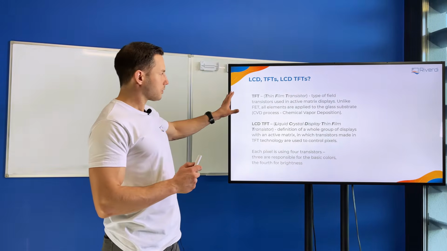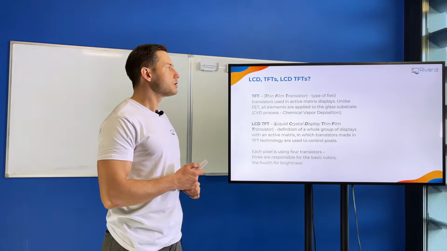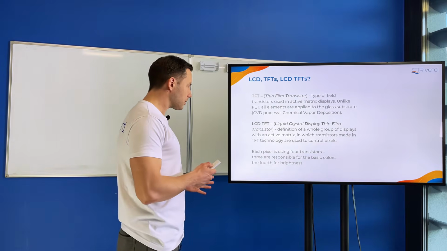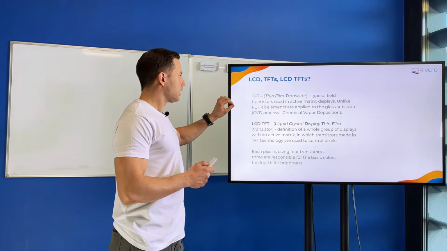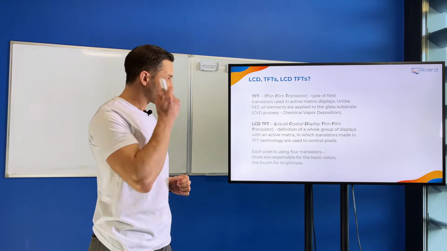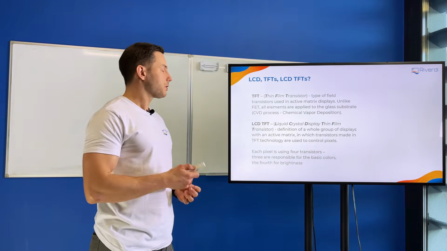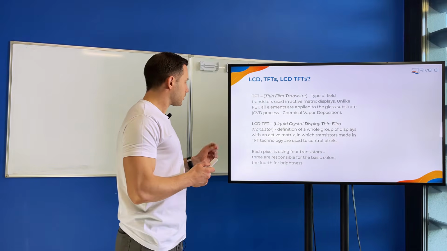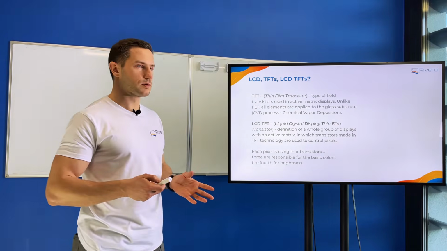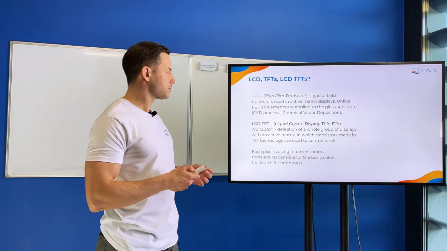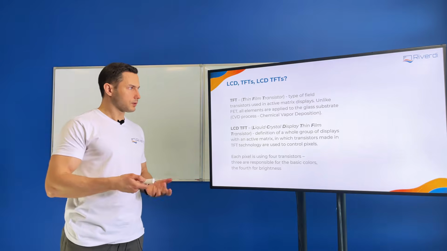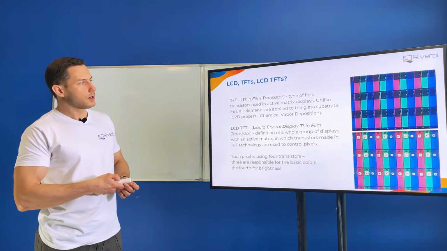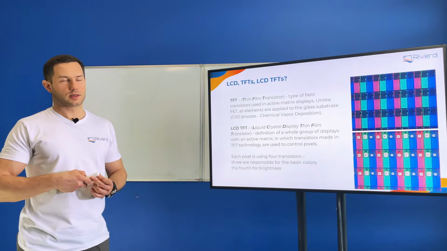So for example, this big 55-inch TFT display contains millions of transistors in the pixels. We don't see them because they are very small and they are hidden, but they are in every corner. And if we zoom into this display very close, we will see something like that.